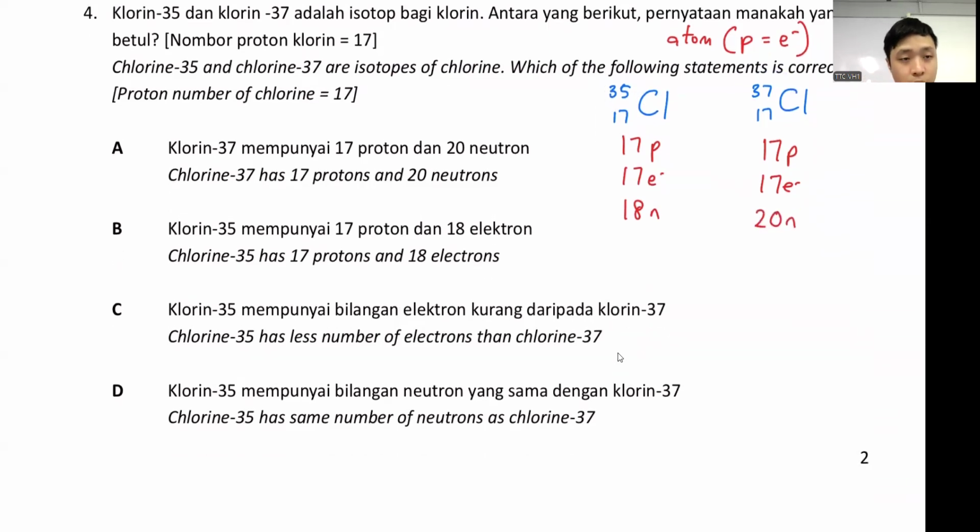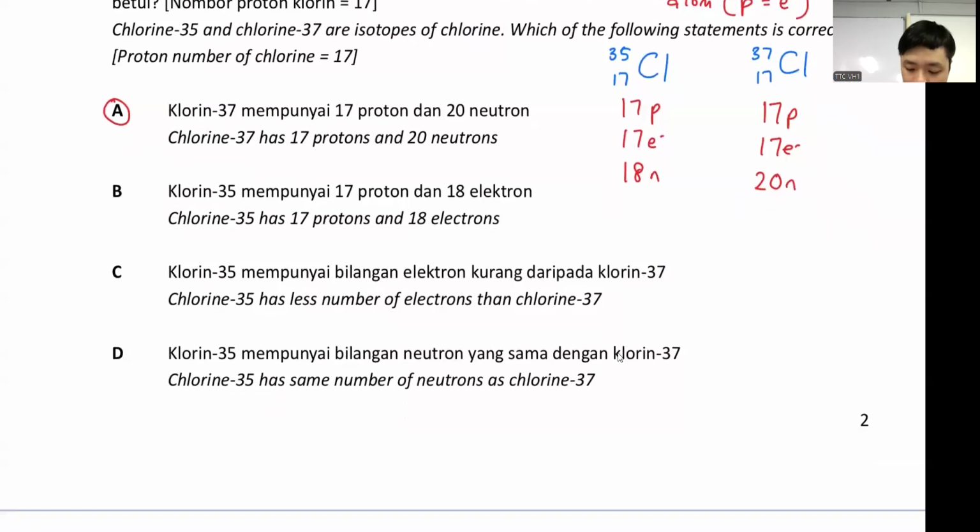If I'm going too fast, tell me to slow a bit. So chlorine 37 has 17 protons, 20 neutrons. Correct, the answer is A. Chlorine 35 has 17 protons, 18 electrons, wrong, it's supposed to be 17.